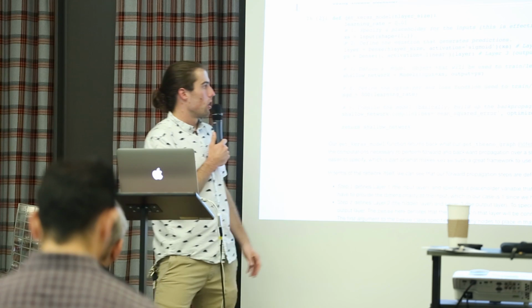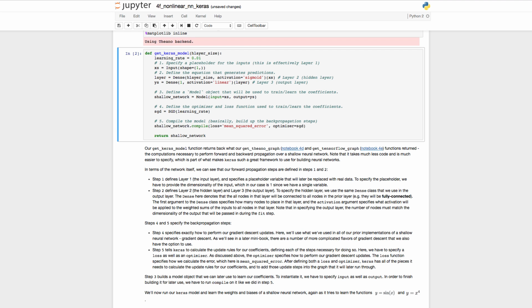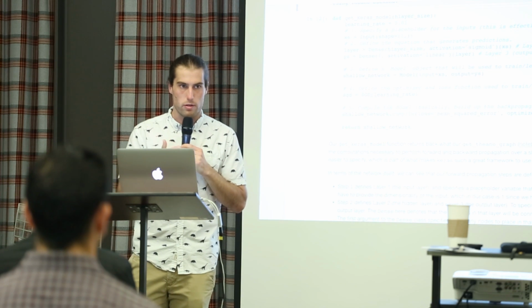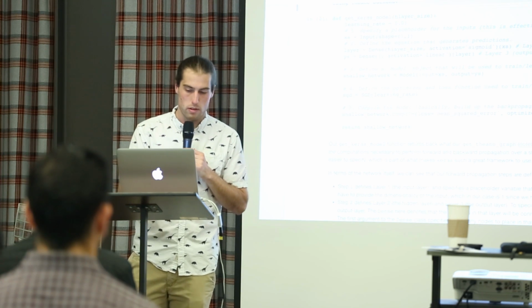Other than that, everything else looks exactly the same, except for the name shallow network here. Before we called it a linear model. It turns out that neural networks with hidden layers are often referred to as shallow neural networks, and when you get to 2 or more, deeper neural networks. There might be some debate on whether it's 2 or 3 or 4, but somewhere around there.